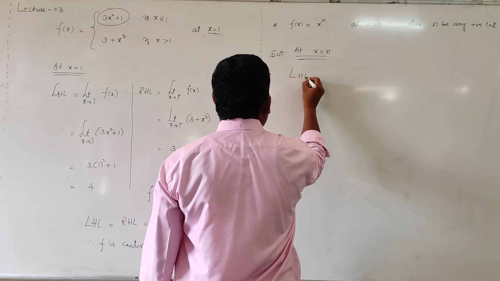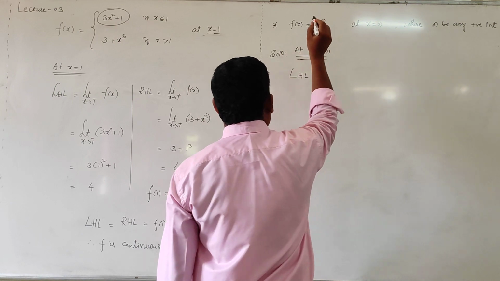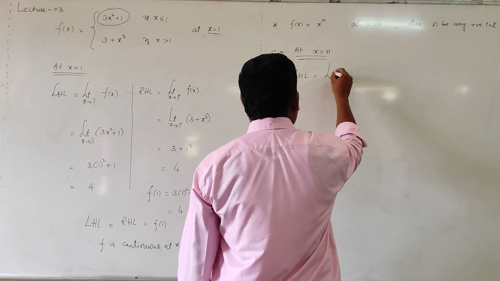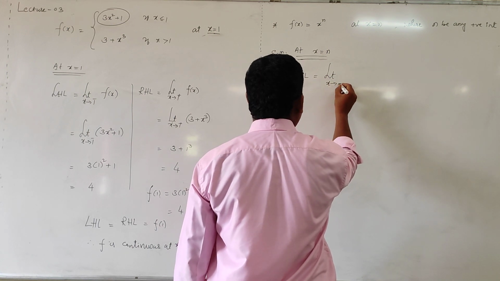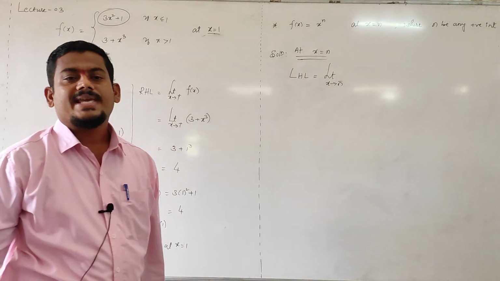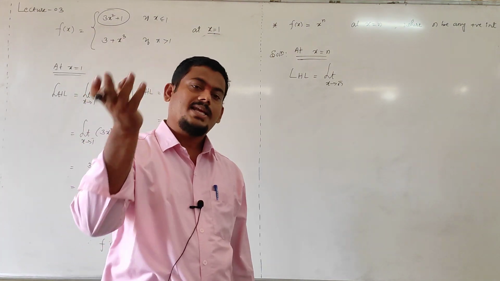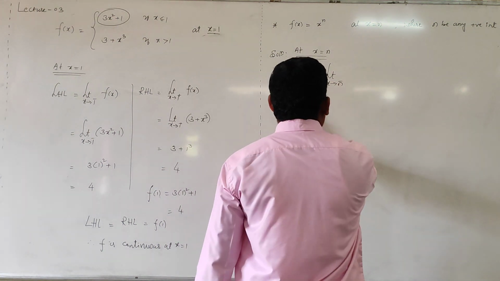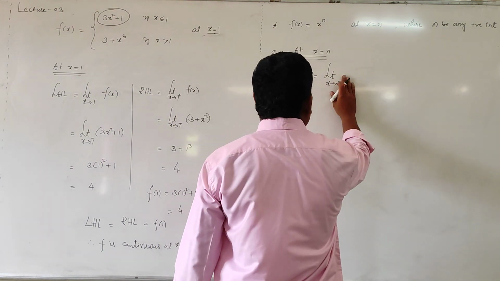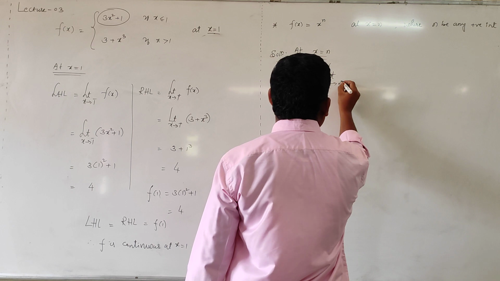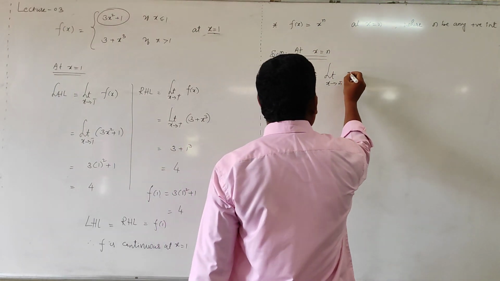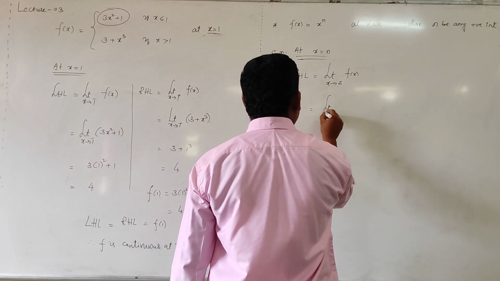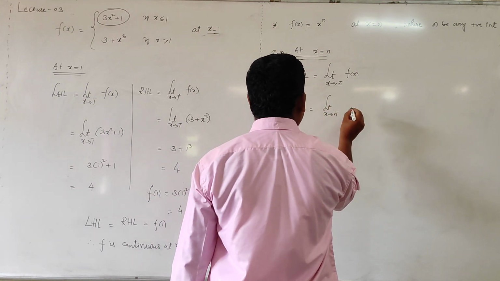Left hand limit equal to, first write left hand limit notation at n, limit x extending to n minus, on the head write minus sign, means negative sign. It is not pi. First write in general function f of x. After that, limit extending to n minus.